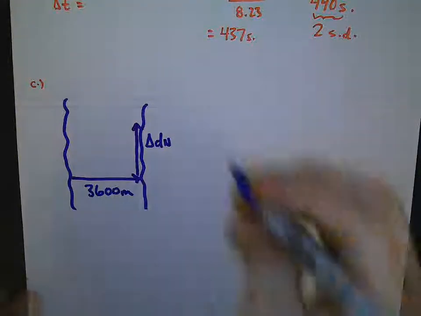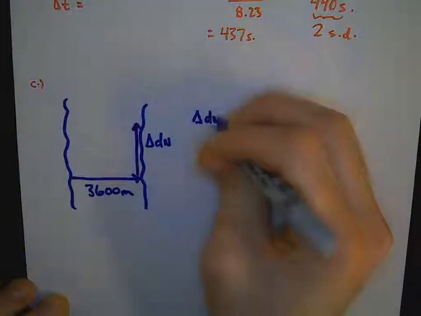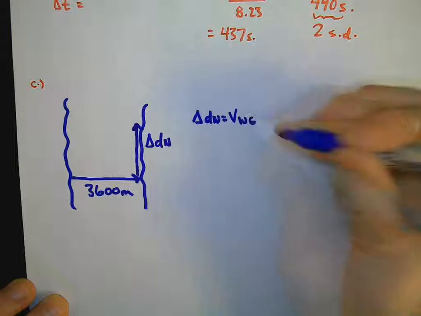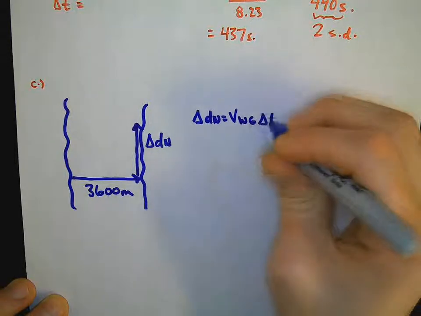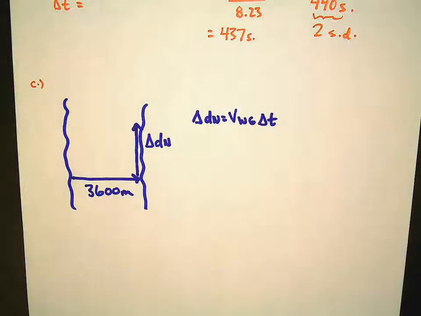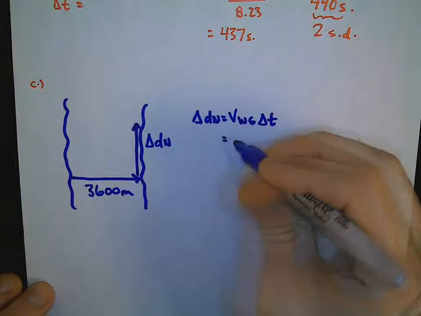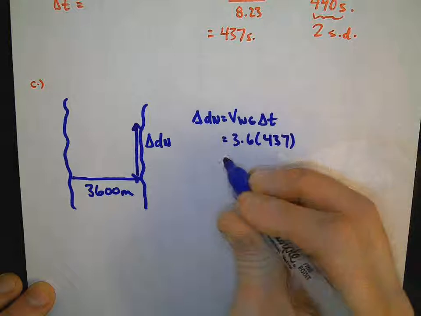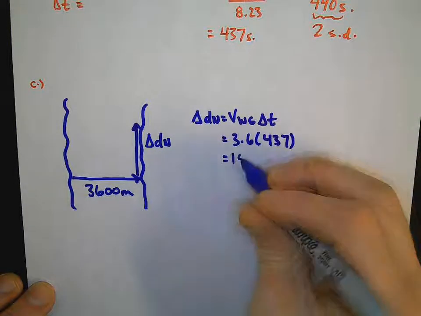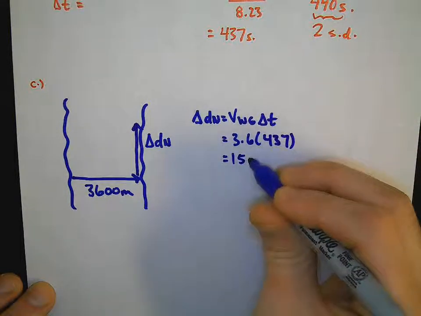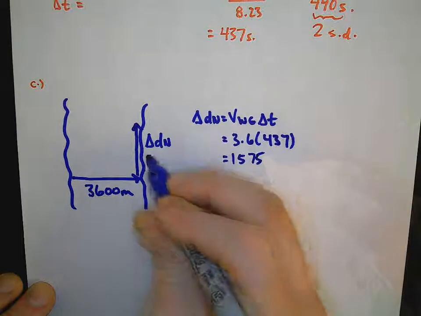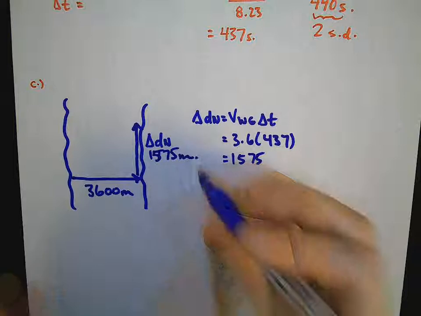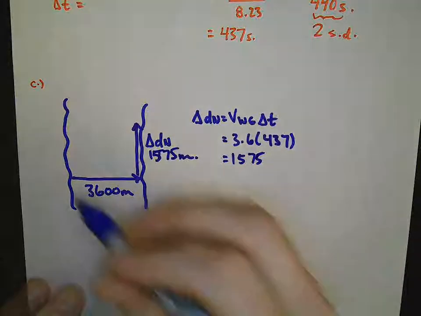Our displacement north can be calculated by the fact that we're taking the velocity of the water relative to the ground multiplied by how long the trip takes. And that will be 3.6 by 437 seconds. So displacement north is actually 1,575 meters in the north direction.